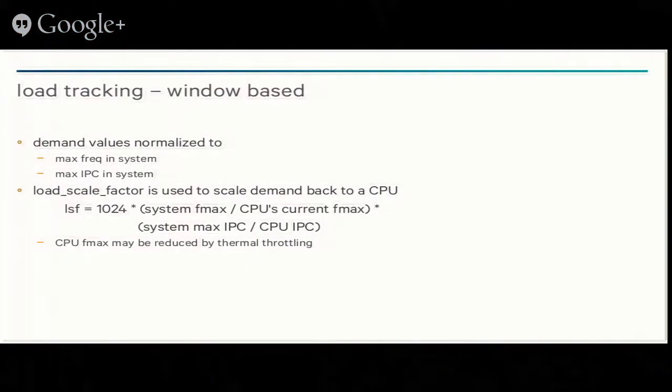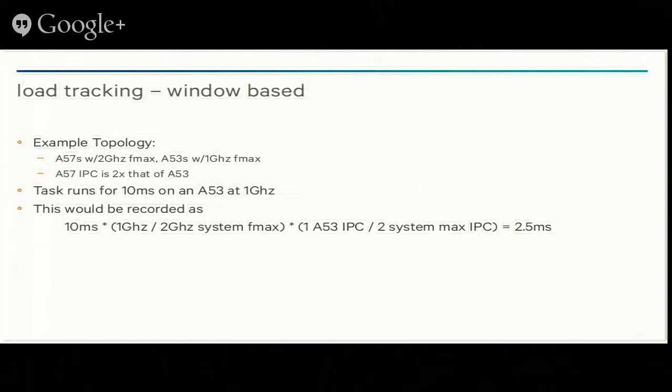Can I ask a couple of questions? Yeah. When you're saying you're aligning, does that imply that you have a periodic wake up on every single core? No, we don't. We do not have any sort of tick or periodic activity to measure that. When some activity happens on a run queue, we can look at the sched clock.